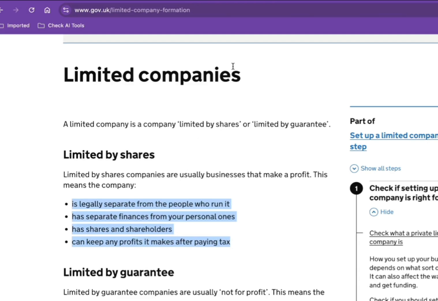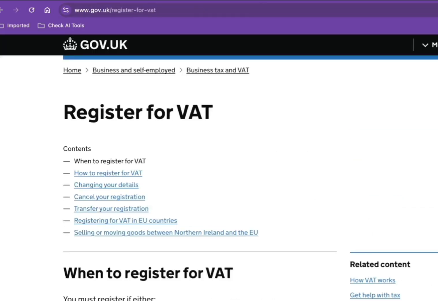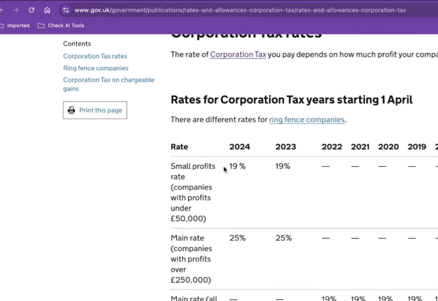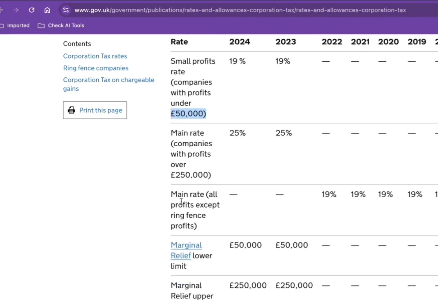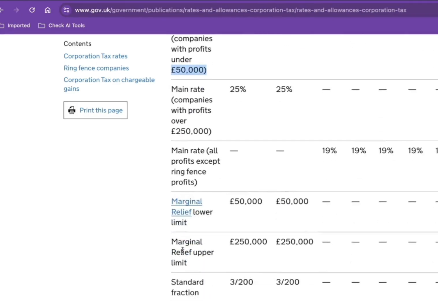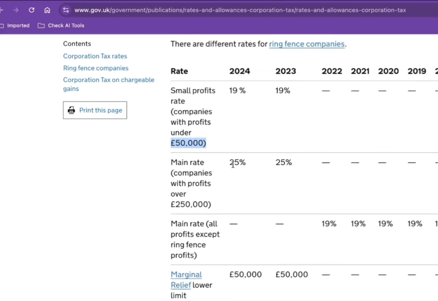Normally, limited companies do not pay income tax. Once you need to take the money out of a limited company, you're going to have to pay corporation tax first. The corporation tax is normally 19% if your profit is going to be under £50,000. But if you're somewhere between £50,000 and £250,000, then you're going to pay somewhere between 19% and 25%.